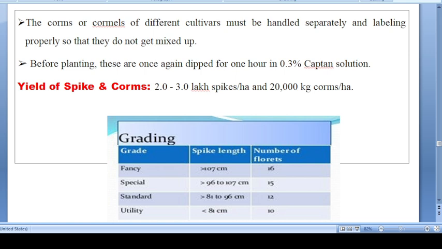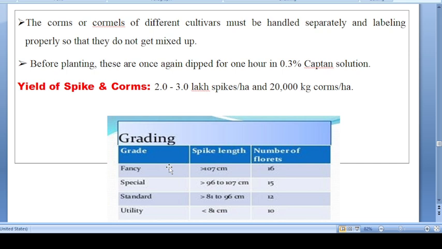Before planting also we can again go for dipping the cormels in any Captan or Bavistin solution to avoid corm rot problem. So these are the grades, and we can expect here also 2 lakh flowers or spikes, and 20,000 kg of corms. Fancy is the highest grade, with number of florets 16, more than 107 centimeter spike length.